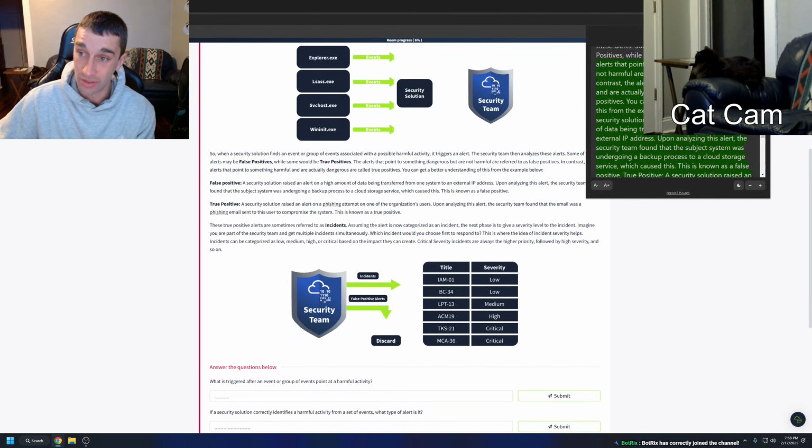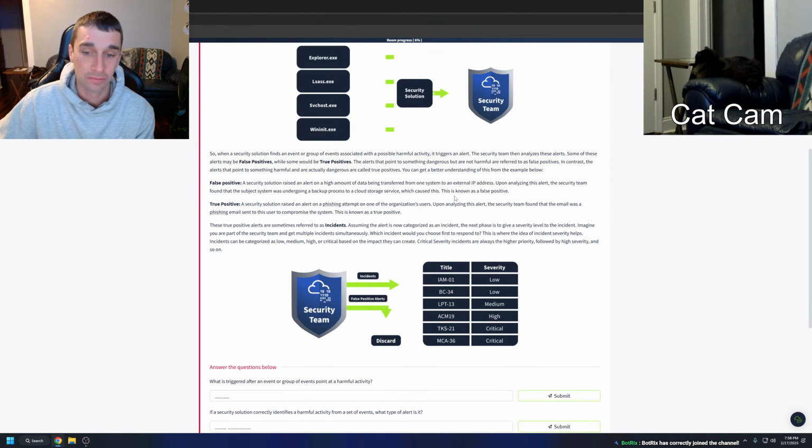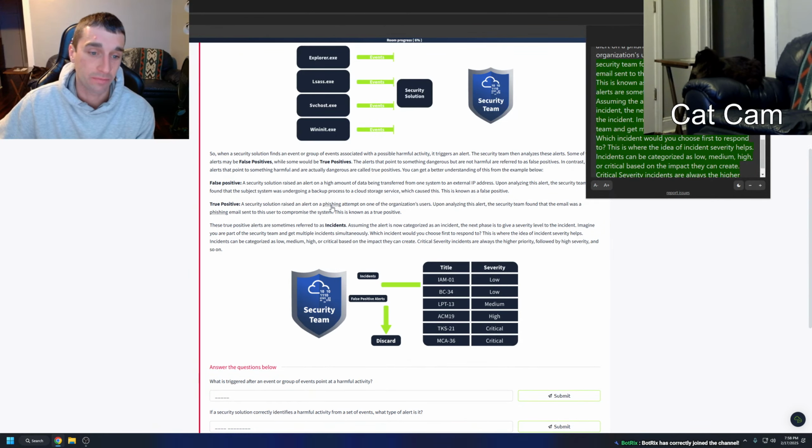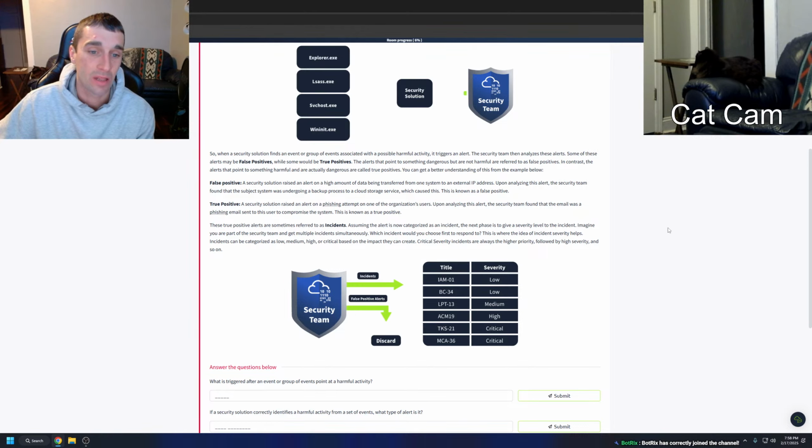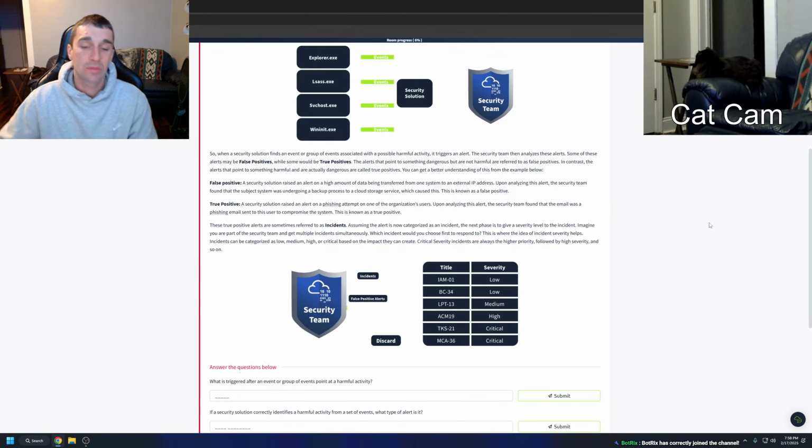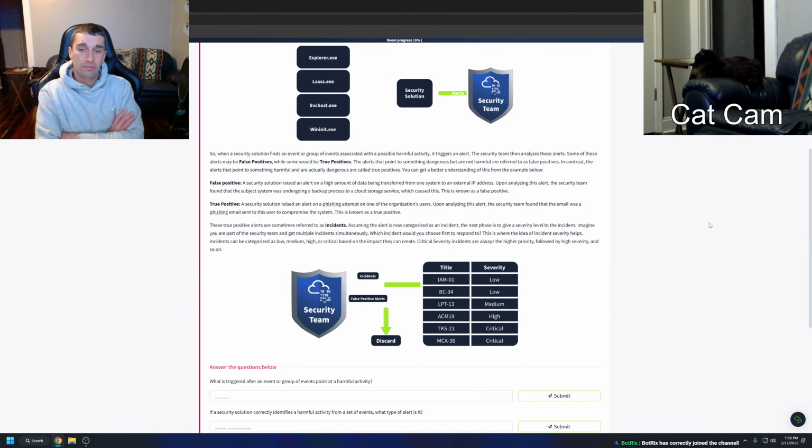In contrast, the alerts that point to something harm, upon analyzing this alert, the security team found that the email was a phishing email sent to this user to Upon analyzing this alert, the security team found that the email was a phish. Upon analyzing this alert, the alerts that point to something dangerous but are not harmful are referred to as false positives. In contrast, the alerts that point to something harmful and are actually dangerous are called true positives.